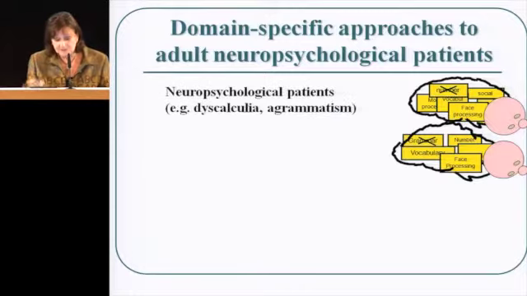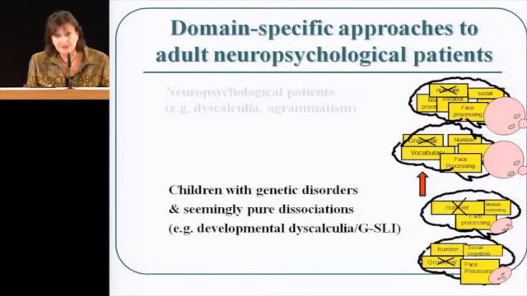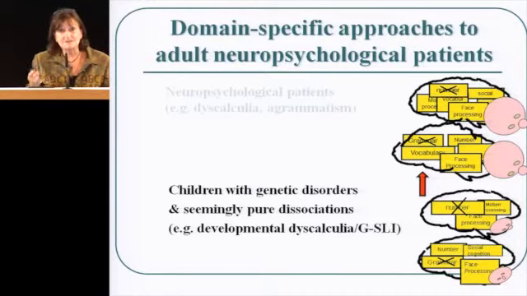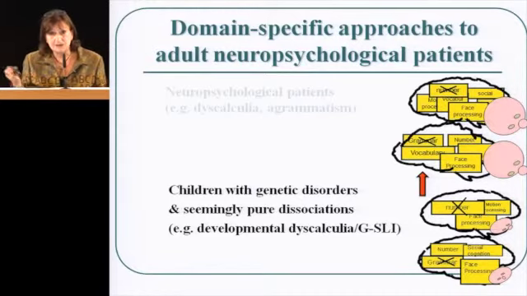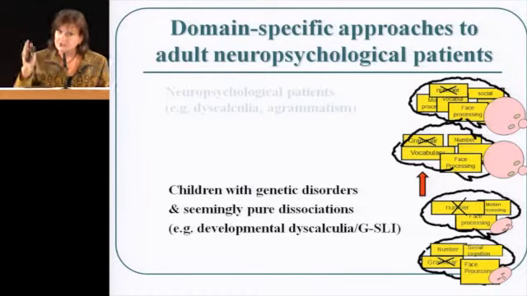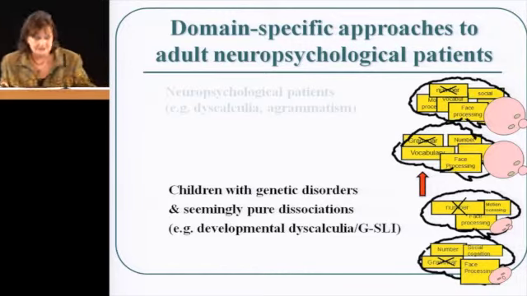And quite a few people applied this to developmental disorders. So they argued that there were developmental disorders like developmental dyscalculia, where the only thing wrong with the child was mathematics. Everything else looked, quotes, normal, and I shall come back to that.